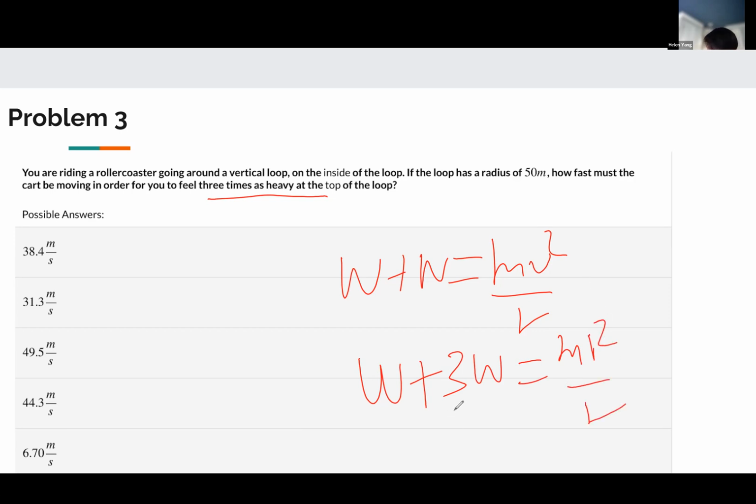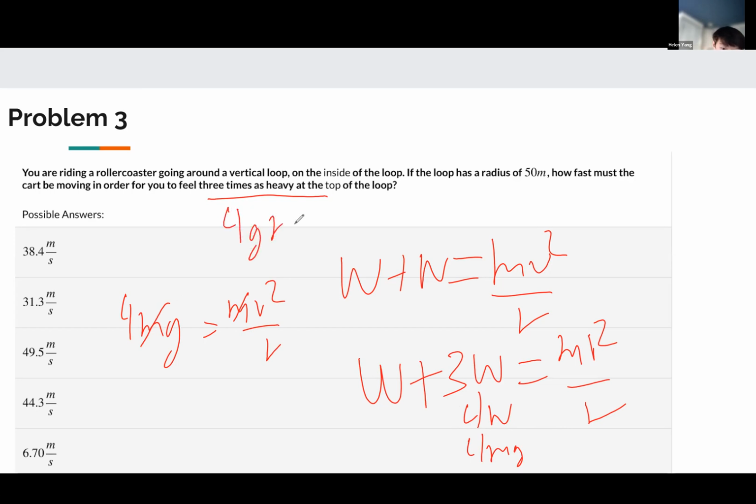So it's just 4 times the weight, which is 4 mg. So 4 mg equals mv squared over r. It asks what the speed is, so 4 r g equals v squared, so v equals the square root of 4 g r.